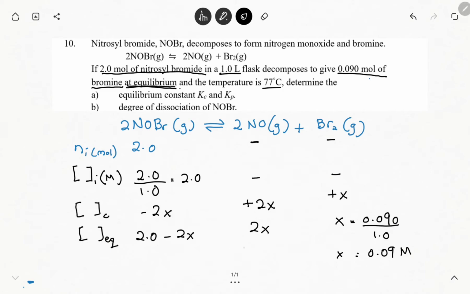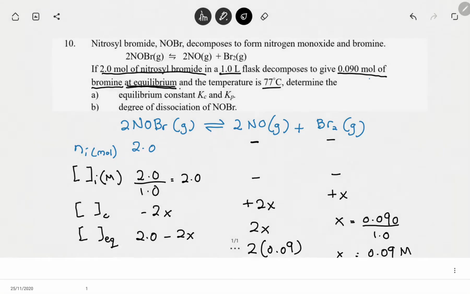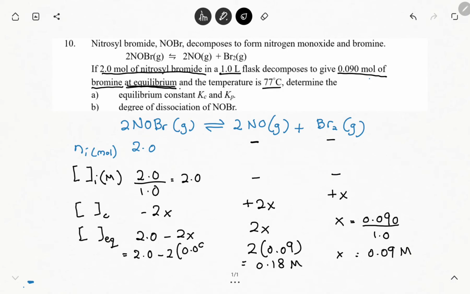So you can calculate the concentration of NO, 2x, 2 times 0.09, since we already have the x value. So here is 0.18 molar, and the concentration for NOBr is 2.0 minus 0.18 equals 1.82 molar.